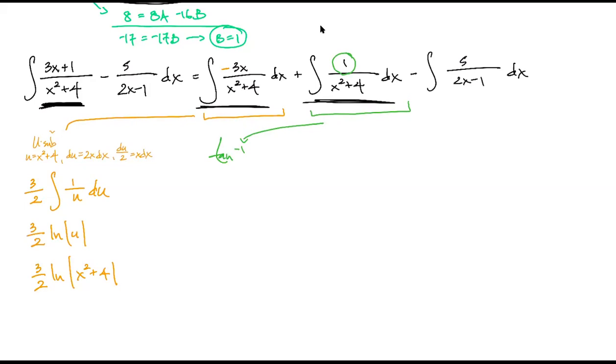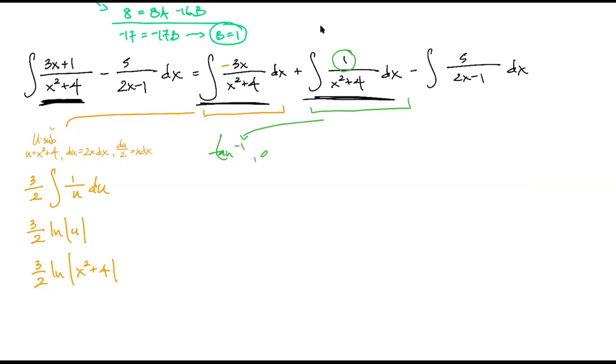So with this, we want to identify our a, and a is not 4 in this case, but a is 2. And so the formula for arctan is 1 over x squared plus a squared. If we have this, then our integral will be 1 over a, the arctan of x over a.